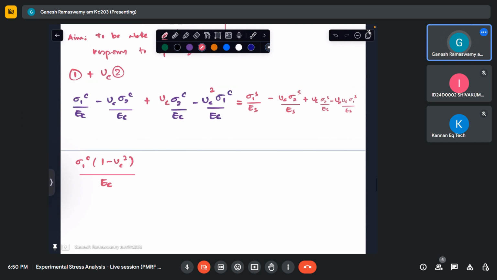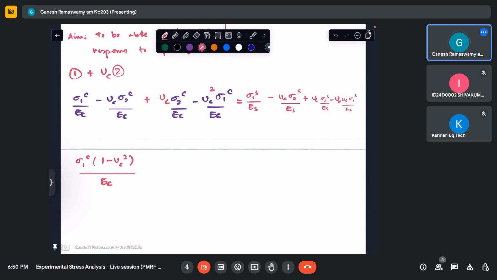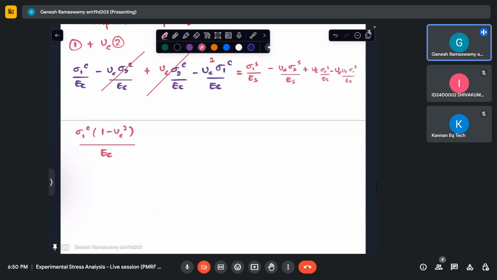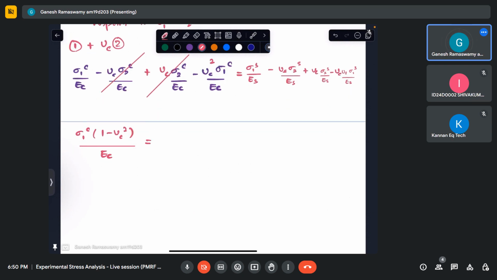On the right side I have sigma 1s into 1 minus mu c mu s minus sigma 2. So this doesn't subtract out. Okay, so this will be, let us say, plus sigma 2s into mu c minus mu s whole divided by E s.